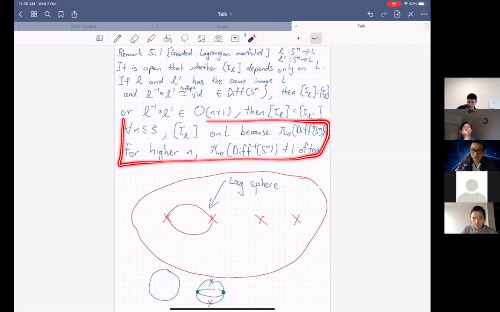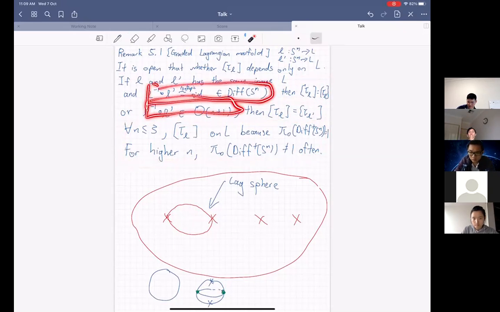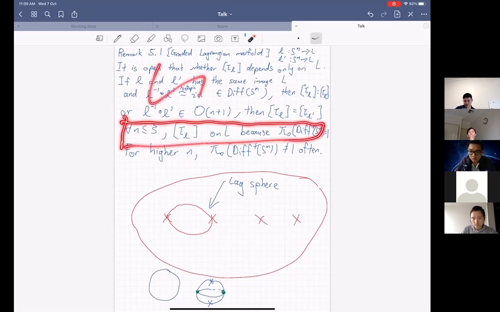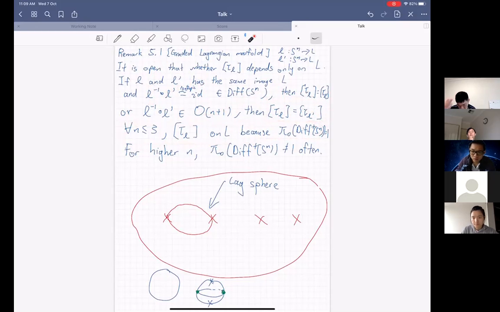So without this, we can prove that the Dehn twist is the same if you have this property. If you have this case, then you don't need to care about this. It is automatically the same. But for higher n you can't do it, so you need to check this. He said he just doesn't know how to prove it, so he cannot use this way to prove. I see.